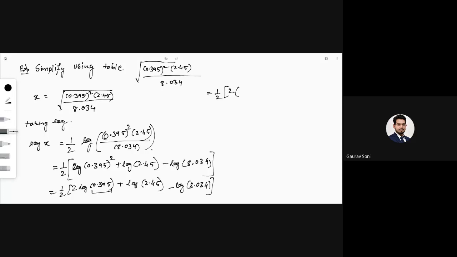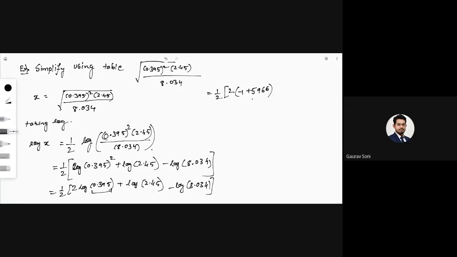So -1 is the characteristic plus what is the mantissa for this? Look at 3.9 and 5. It is 5966.